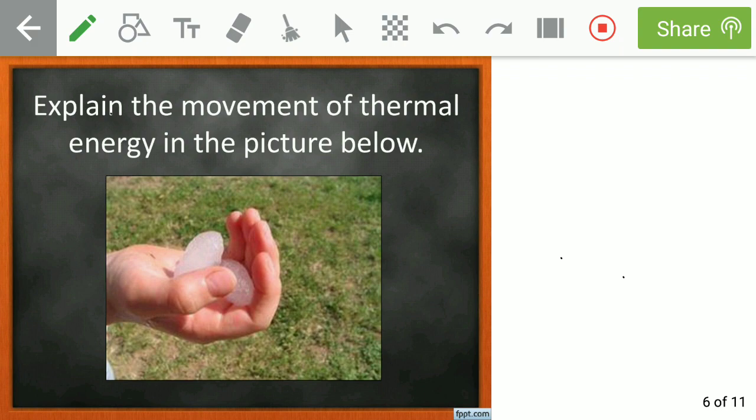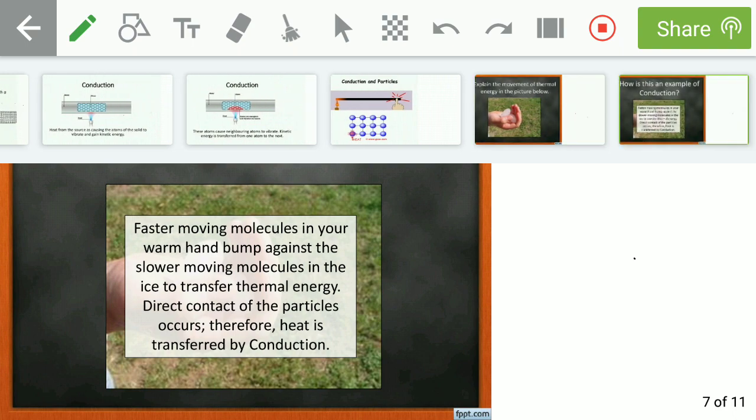The cold ice molecules will get the thermal energy and they start getting excited. The slow moving molecules जो होंगे ice के अंदर, that will start moving faster. This is the reason that, through conduction, it will melt and we can easily observe this.